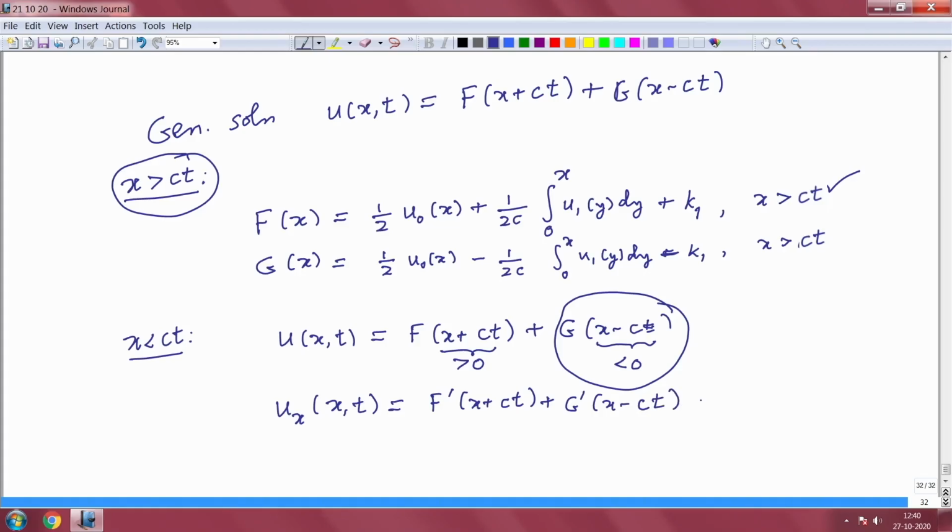And using the boundary condition, we therefore get h of t equal to f prime at c t plus g prime at minus c t.